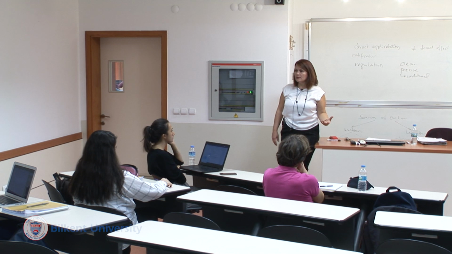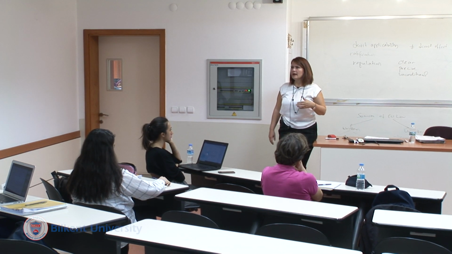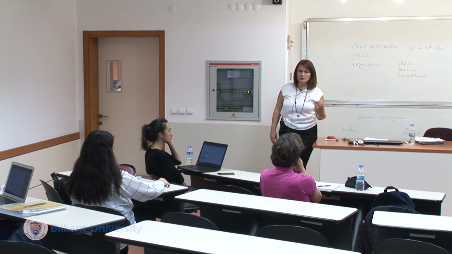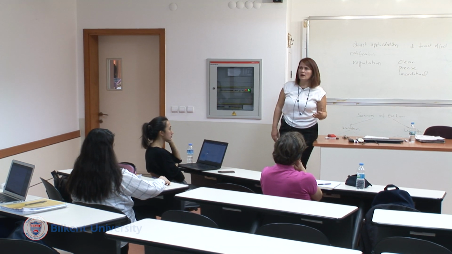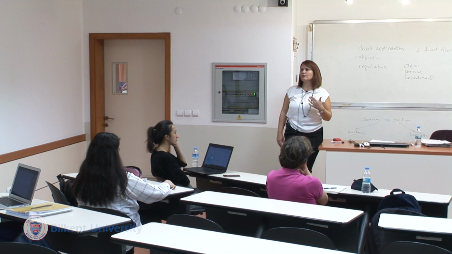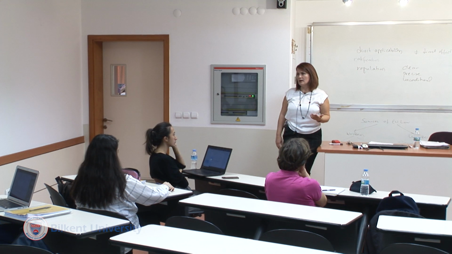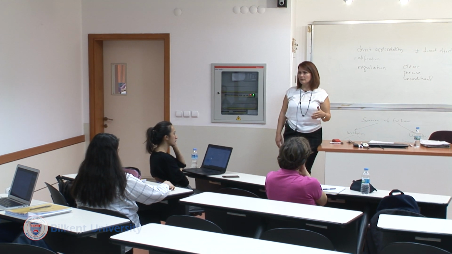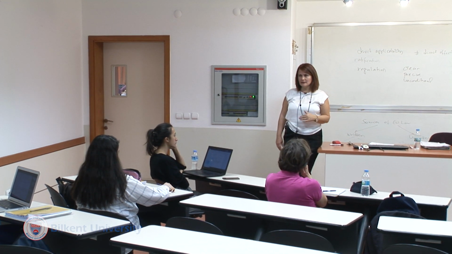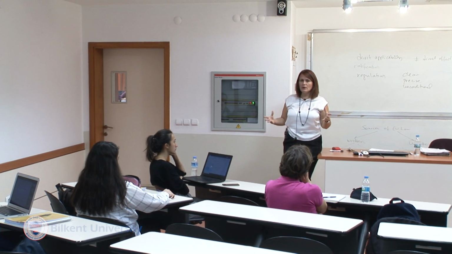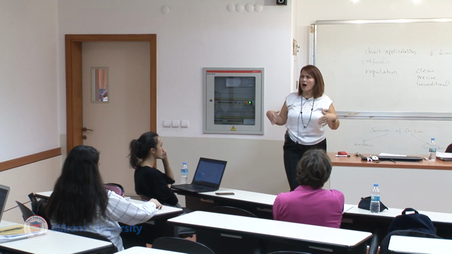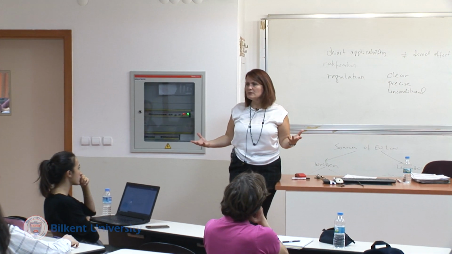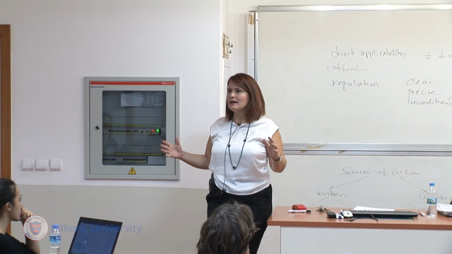That is a principle: a national court against whose decisions there is no judicial remedy under national law is under an obligation to make a preliminary reference to the Court of Justice. But even that duty has exceptions. And we said if the situation is clear, if it has been asked before and the answer is received from the European Court of Justice, then there is no need to ask it again.